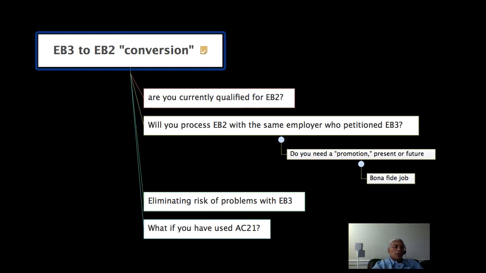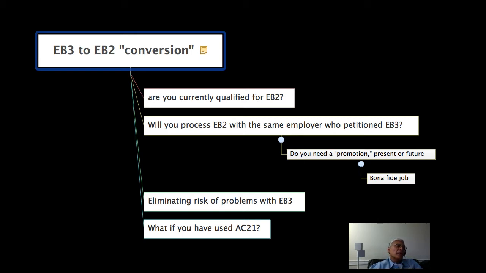So in those cases, when we take the priority date from an EB3 case and put it on top of an EB2 case, thereby essentially converting an EB3 case to an EB2 case, we refer to that loosely as a conversion. Really, it's not a conversion. It is a new case filed under EB2, and essentially the priority date is being transferred.